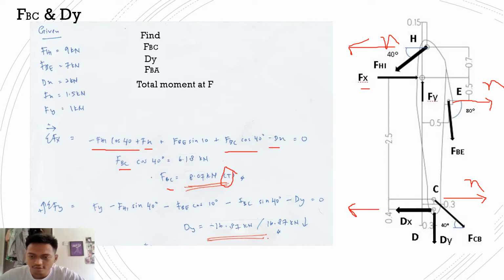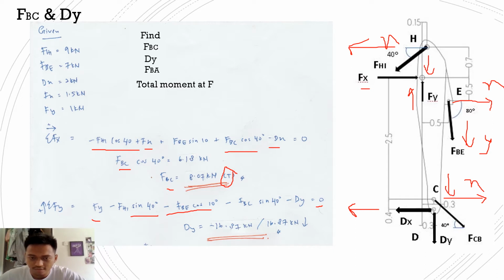Okay, now let's move to the equation of the y component, which is equal to 0. First of all, FY going upward, so positive. FHI sin 40, y is going downward for FHI, negative sin 40, negative FBE cos 10, going down also for y of FBE, and negative FBC sin 40 going down also.